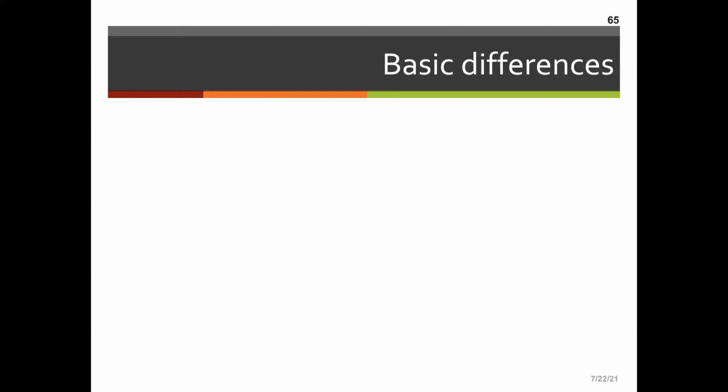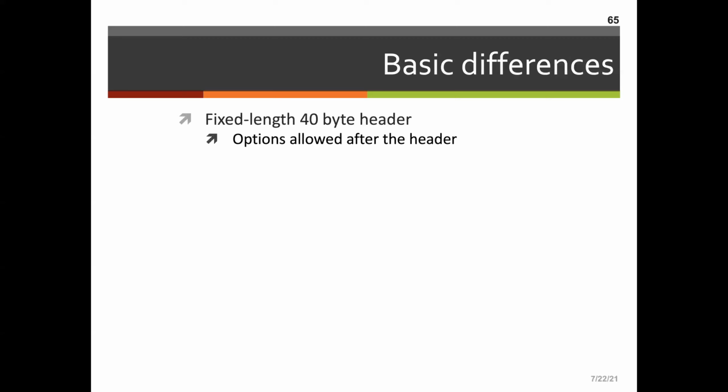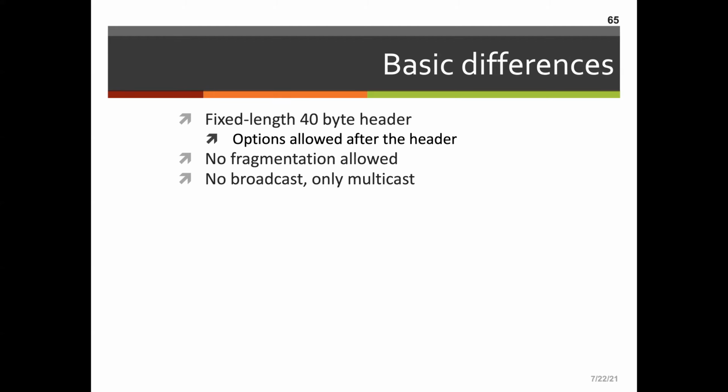And so the major differences between IPv4 and IPv6 are: we have a fixed length 40-byte header, and it allows for additional options after the header. No fragmentation is allowed. No broadcasts, only multicasts.